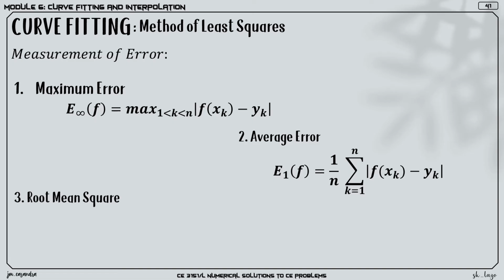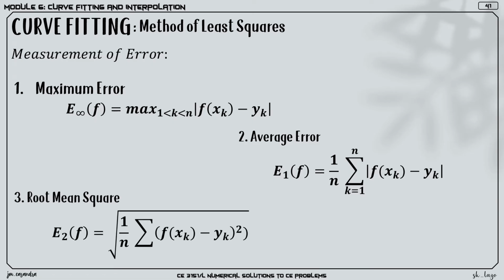The last method is what we call the root mean square, given by the equation E sub 2 of f is equal to the square root of 1 over n times the sum of the square of the difference between f of x sub k and y sub k.